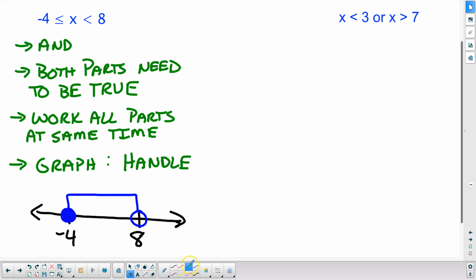In an or statement, you will see the word or. Okay, you will see it in between the two inequalities. Here, only one part needs to be true.